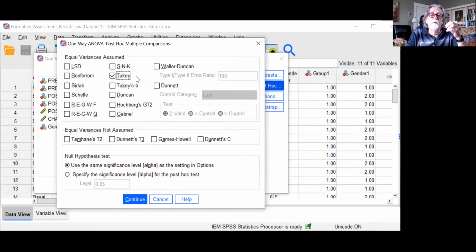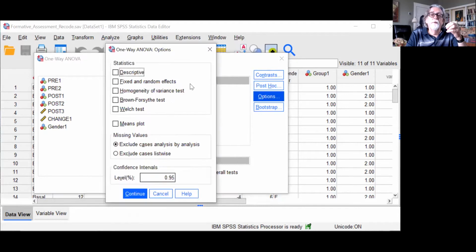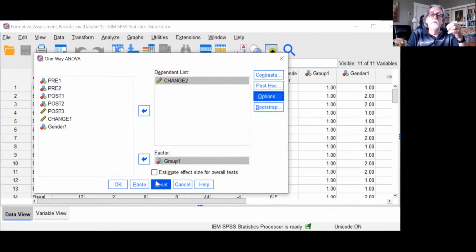And we can have a little bit of a discussion later about the other types, but we'll add the Tukey, which is the default. And we'll add some descriptive stats so that we'll have information on the groups. And you'll notice the confidence interval level is 95%. That's the 0.05 error.